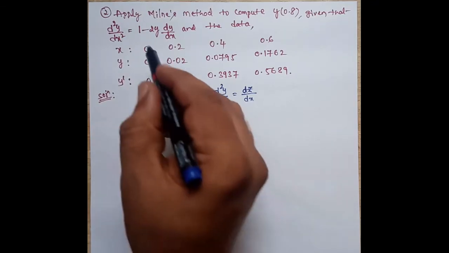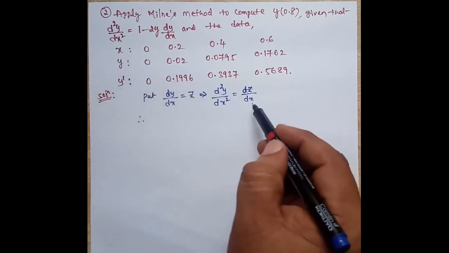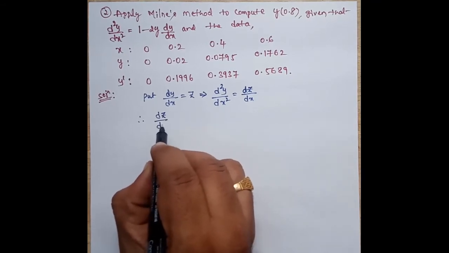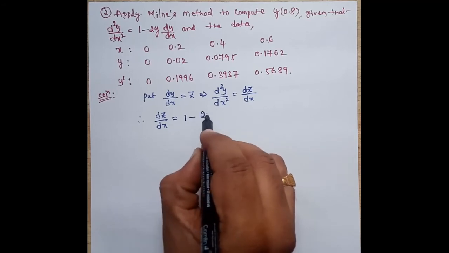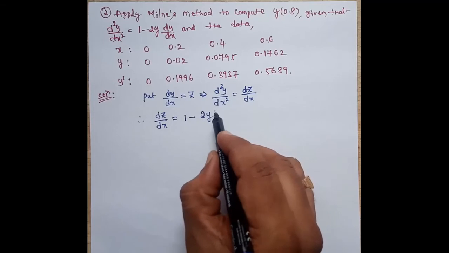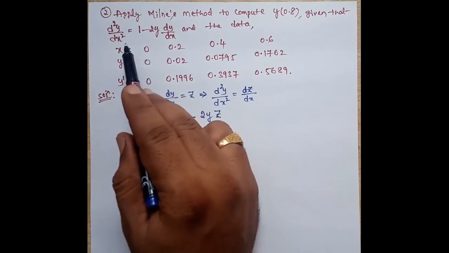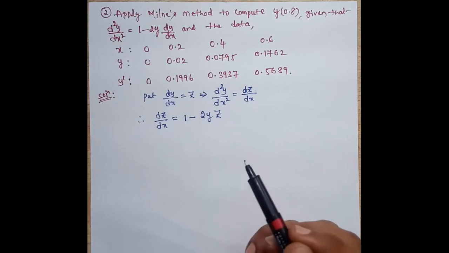When I substitute this here, d square y by dx square becomes dz by dx, equals 1 minus 2y into dy by dx, and you know dy by dx is z. So it becomes 1 minus 2yz. So your second order equation, using the substitution, is reduced to first order.